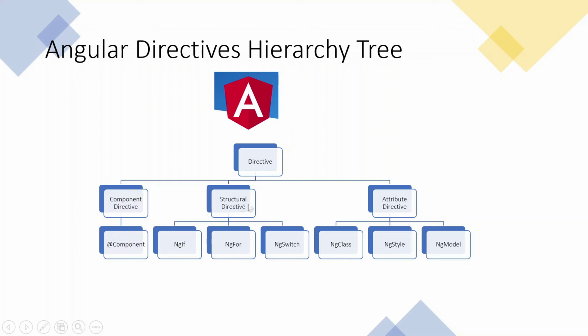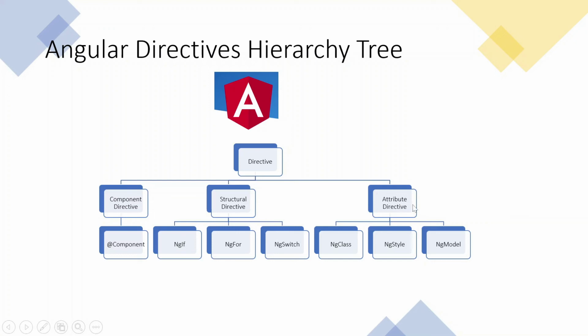Now we have a structural directive which has basically three types that we will also learn one by one in upcoming videos. One is ngIf, another is ngFor, then we have ngSwitch. So on the basis of these structural directives' value, you can add or remove the HTML DOM elements.